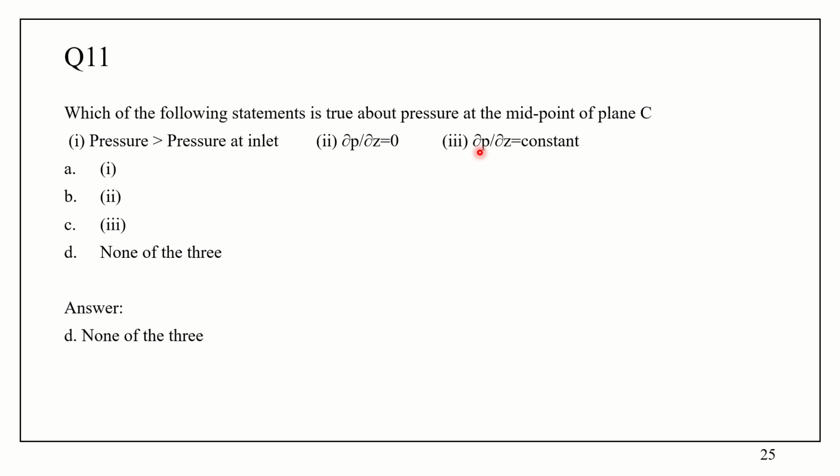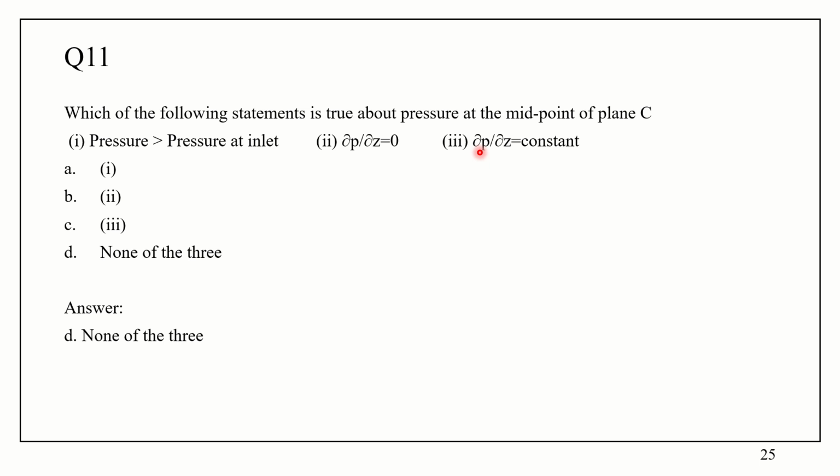The first one is pressure is greater than pressure at the inlet. If the flow is occurring because of the pressure gradient, fluid flow occurs from high pressure region to low pressure region. So pressure would be lower than that at the inlet, not high. So one is false.